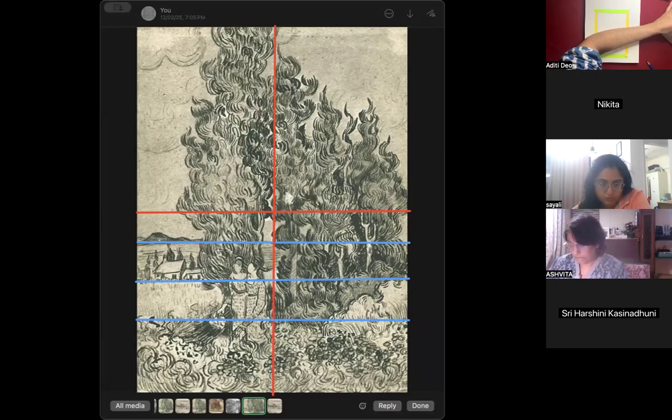And the tree on the left goes almost straight up, occupying the second half of the vertical halfway mark. And the trees on the right create a beautiful triangle. Now, this triangle on the top is balanced by this triangle on the bottom.